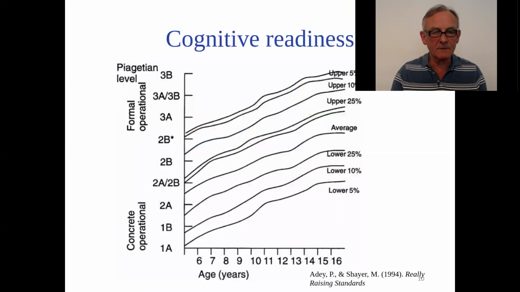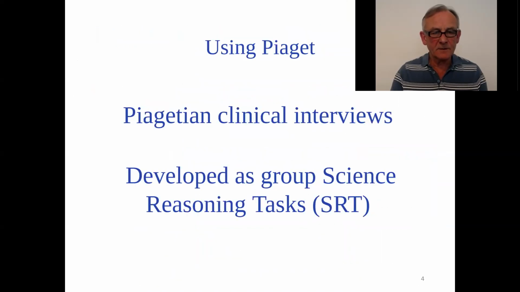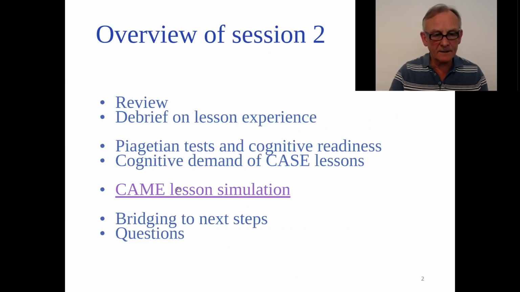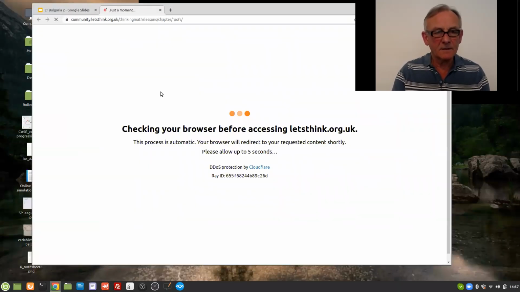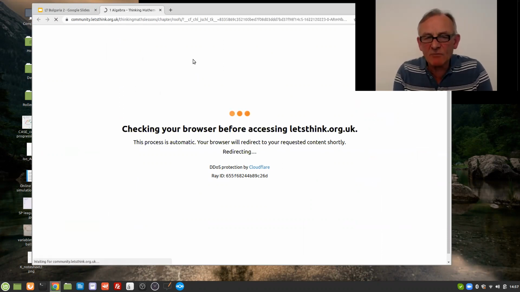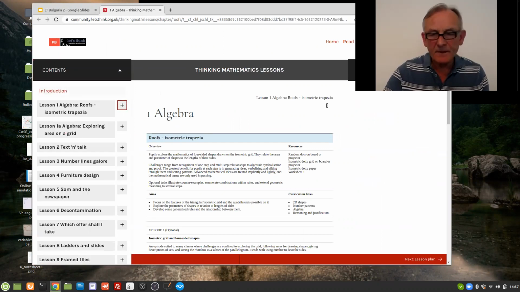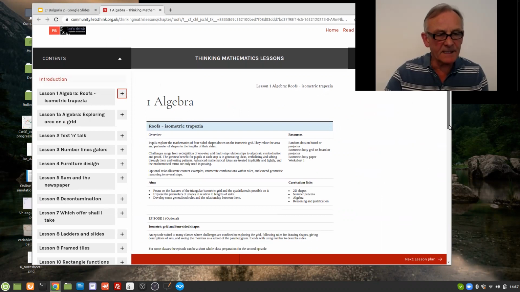So the web page, you'll see some of the strands here. It's going slowly, our website, for some reason. But there are algebra strands. Oh, okay. Let me just show the contents that we have.